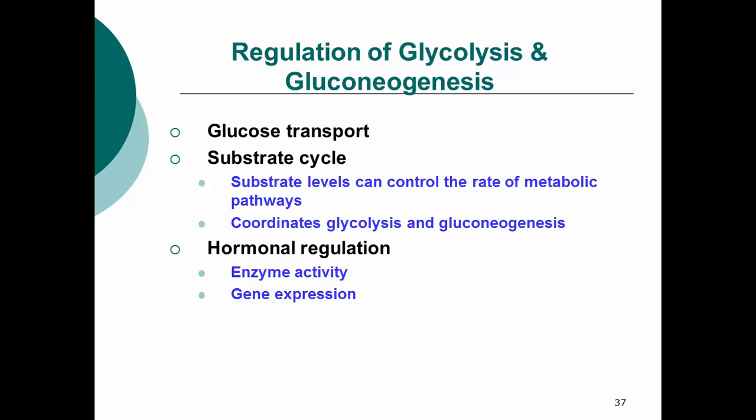Again, the glucose transporters and substrate cycles, meaning the substrate that's generated during the pathways can also self-regulate the rate of the pathway or activities, and hormones. I just want you guys to focus on the major hormones like insulin and glucagon, epinephrine, right?